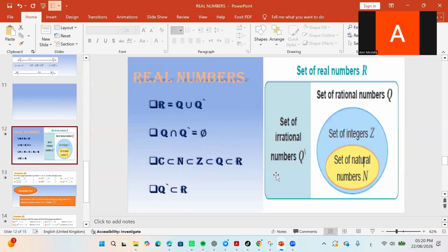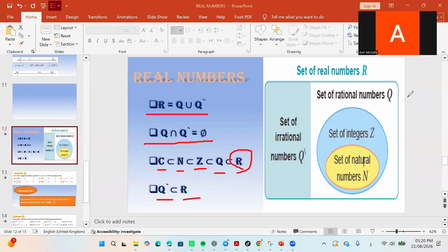This is the Venn diagram for real numbers. R equals Q union Q dash. Q intersect Q dash equals phi. C is a subset of N, which is a subset of Z, which is a subset of Q, and all of these are subsets of R. Q dash alone is a subset of R.